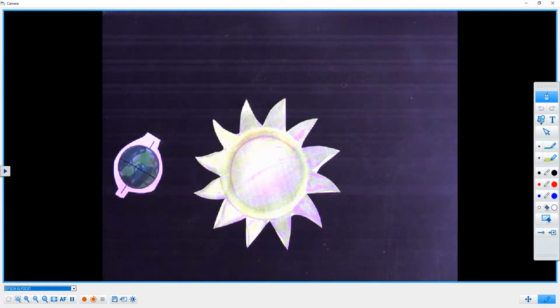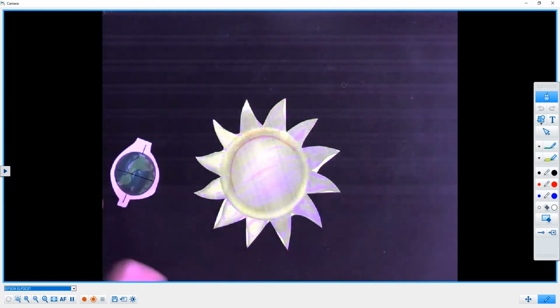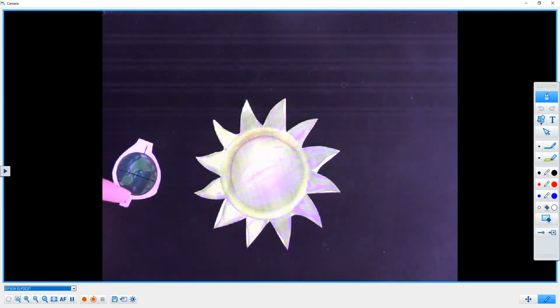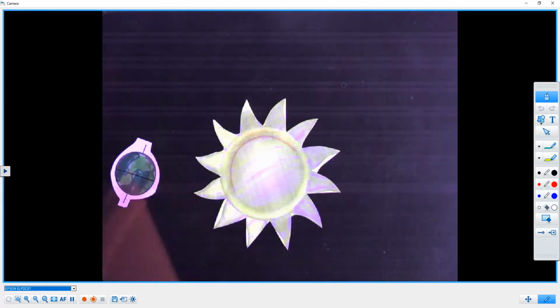The northern hemisphere is receiving those direct sunlight rays, and the southern hemisphere is not receiving the direct sunlight rays. So it would be winter in the southern hemisphere. In winter, they're experiencing shorter days, and in the southern hemisphere, where it's summer, they are experiencing longer days.